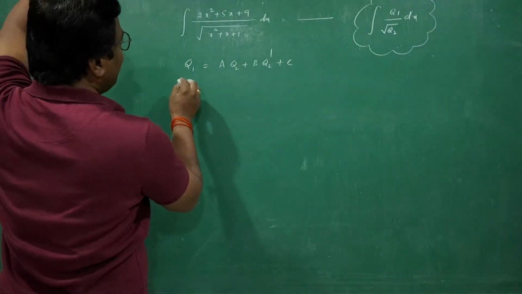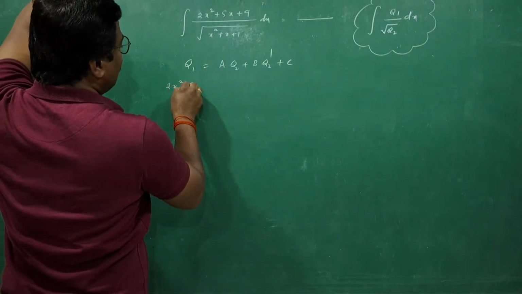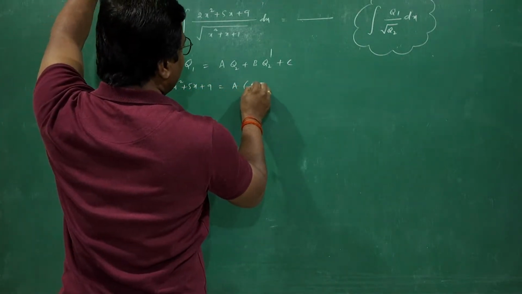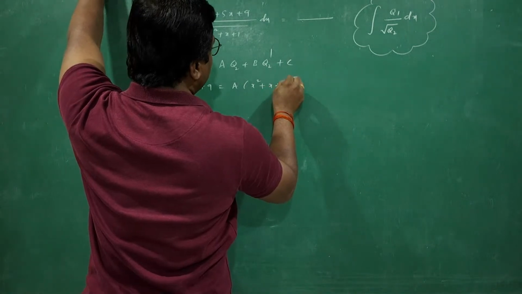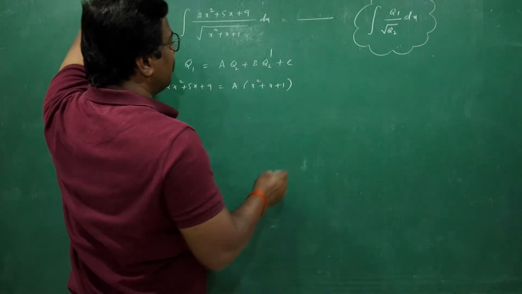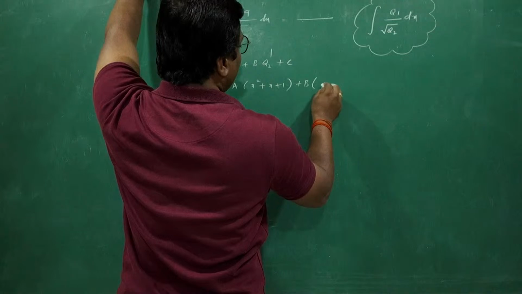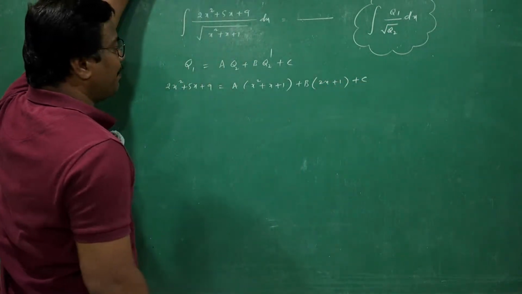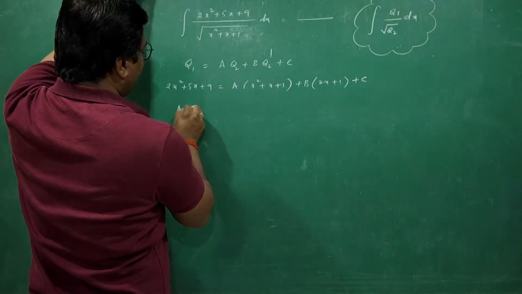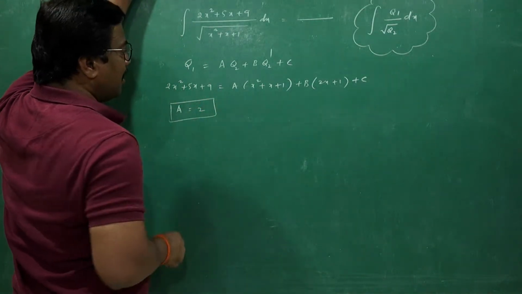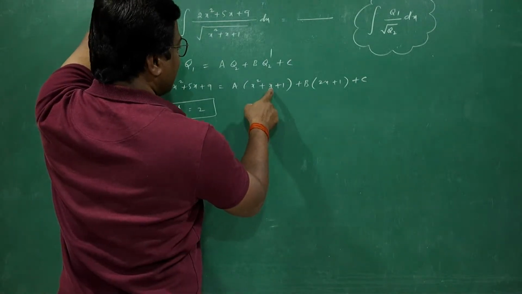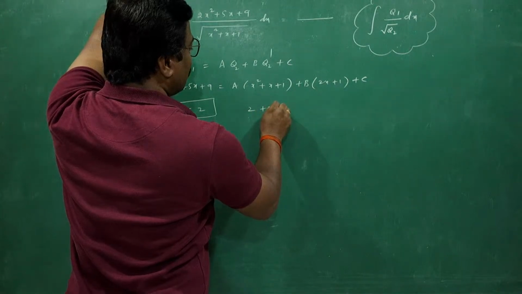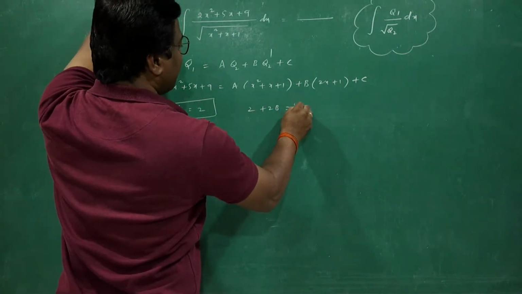I am going to write the numerator Q1, 2x square plus 5x plus 9. This is equal to a times the second degree expression x square plus x plus 1, that is Q2, plus b of its derivative 2x plus 1, plus c. Comparing coefficients of x square, a is 2. Next, comparing coefficients of x, a plus 2b, which is equal to 5.